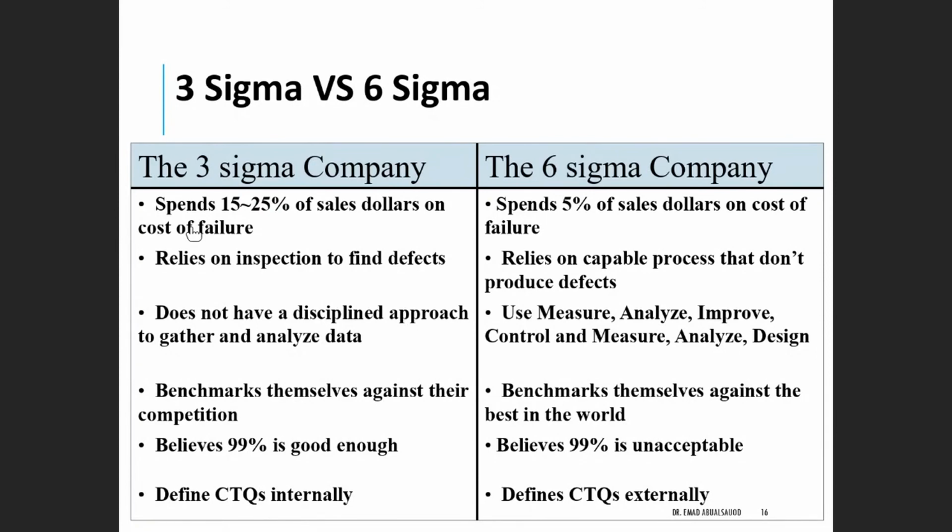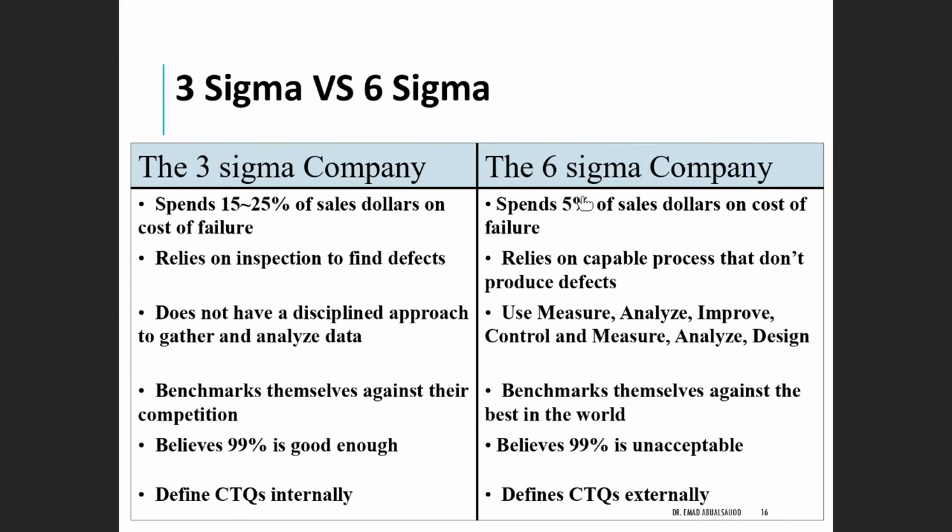So they spend their sales money and their revenue on internal failure cost or prevention or any other appraisal cost. And that's why they work on the output to increase the price of their products and services to overcome this.